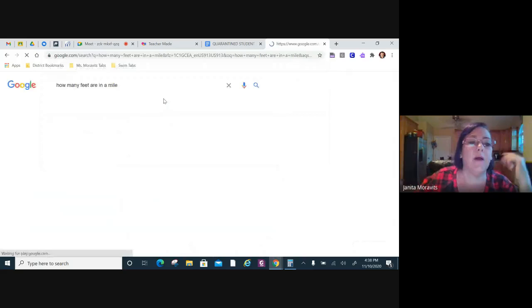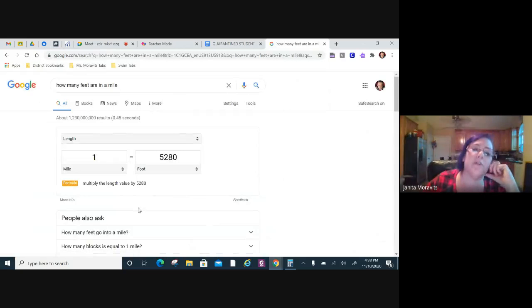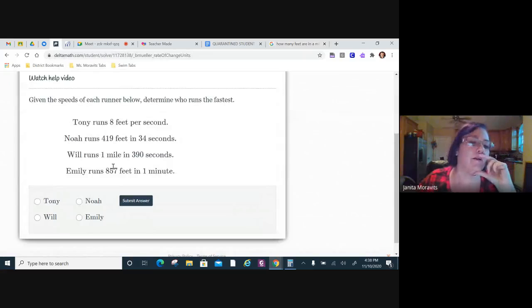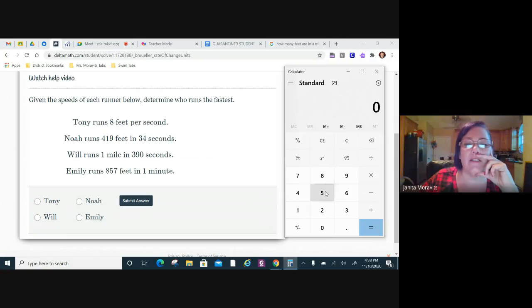That should be 5,280. All right, and you can use this little conversion chart right here if you want to. So there's 5,280 feet in 1 mile. All right, so he runs 5,280 feet in 390 seconds. So let's see how fast that is.